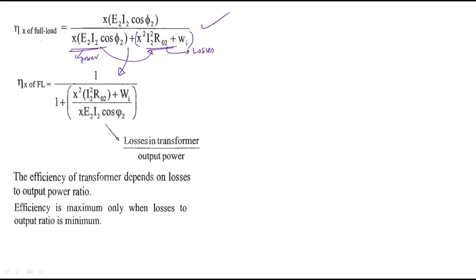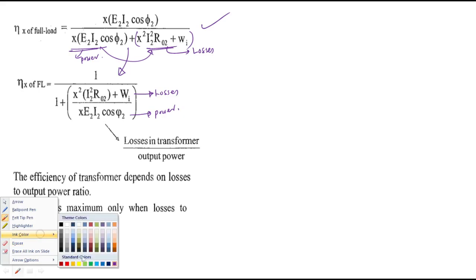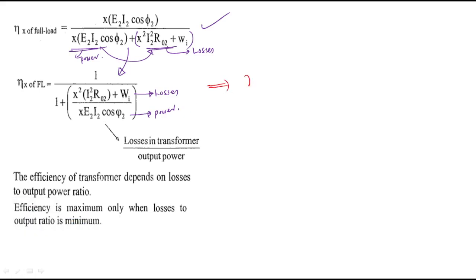Finally these are nothing but losses in the transformer, and this is the power in the transformer. The ratio is losses in transformer by output power. So the relation is: efficiency at x of full load equals 1 by 1 plus losses by power.